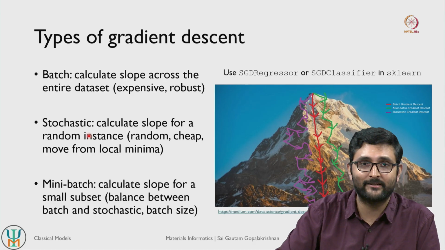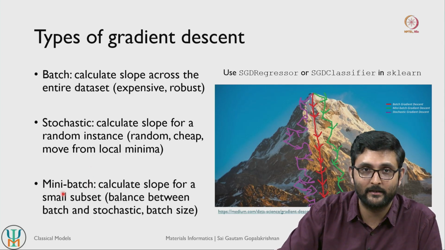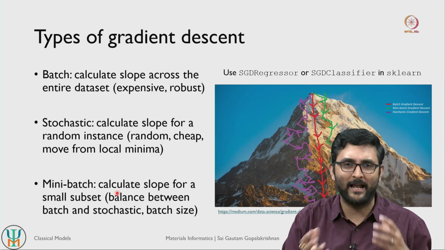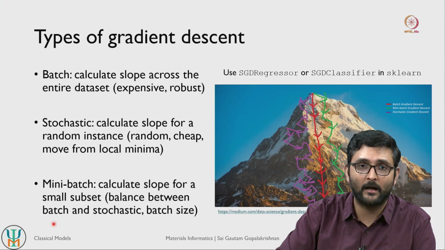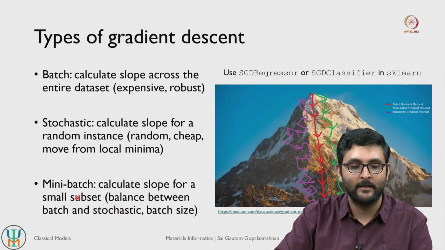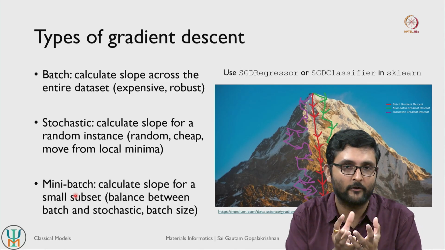Something in between batch and stochastic gradient descent is what is referred to as mini batch gradient descent. This offers a balance between calculating the slopes across the entire data set or calculating it for only one data point. So here you collect a small batch of your training data points.